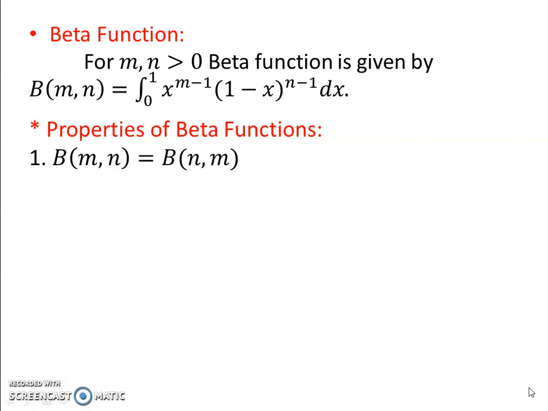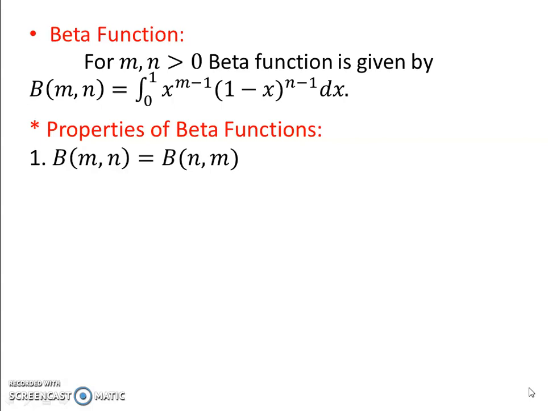So if we replace x equal to 1 minus t, or 1 minus x is equal to t, therefore if we differentiate, we get minus dx is equal to dt, that is dx is equal to minus dt. If we talk about the limits, x is from 0 to 1 as 1 minus x is equal to t.